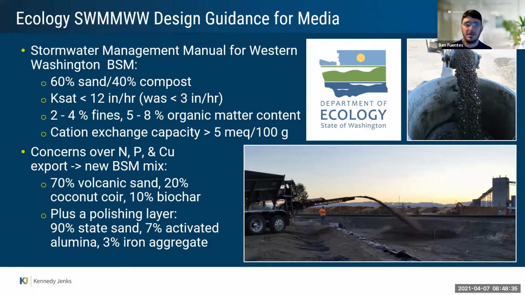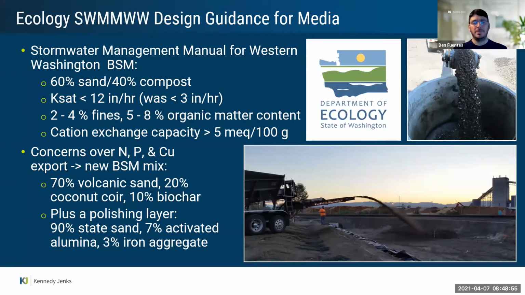But there definitely are a lot of very recent studies, over the last few years, where we're going to start getting away from compost if you're not already. Basically because of the concerns of nitrogen, phosphorus, and copper export, we're looking at different media to avoid those concerns.